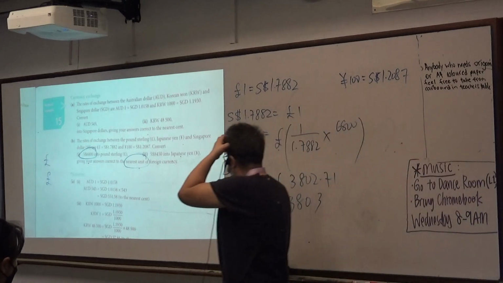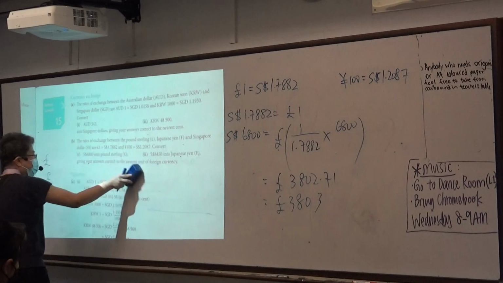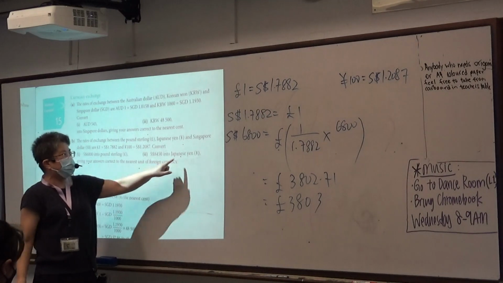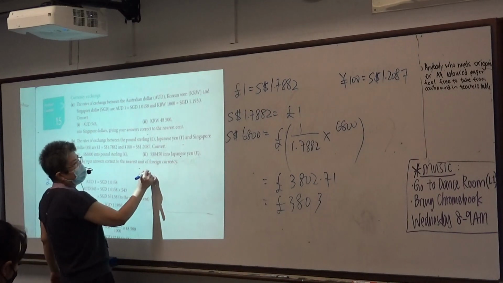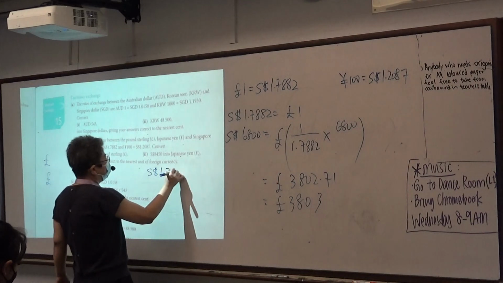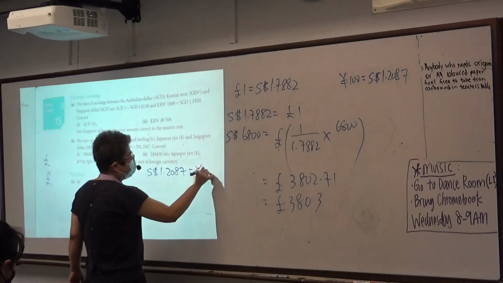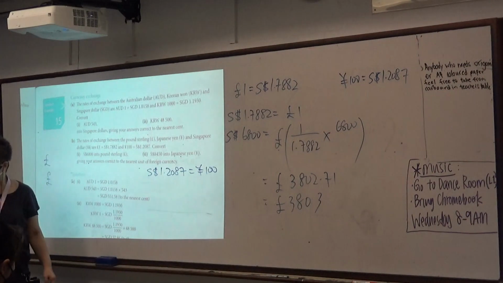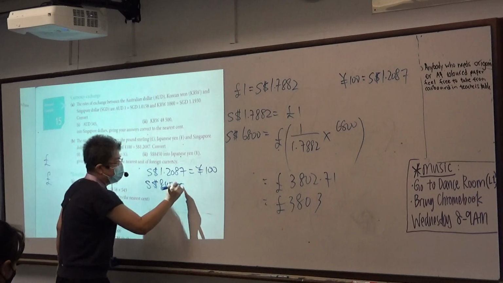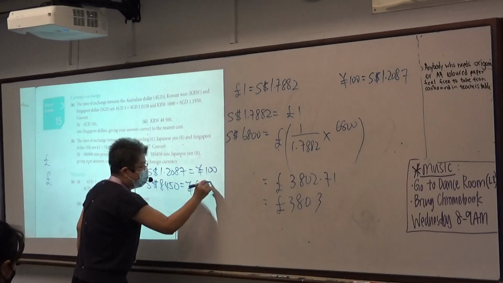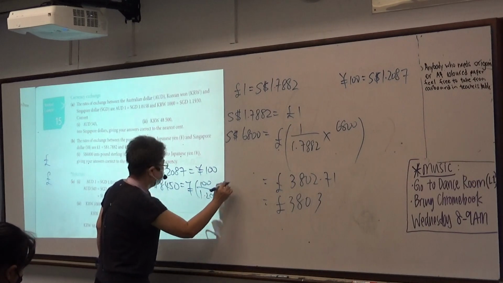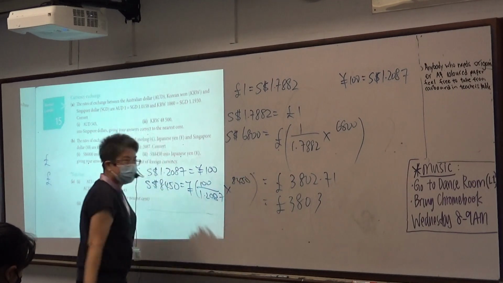Next part, I'm going to do it over here. They're going to convert this amount of Singapore dollar to Japanese yen. So, Singapore dollar 1.2087 is 100 yen, right? So, Singapore dollar 8450 will be 100 over this times 8450, right?